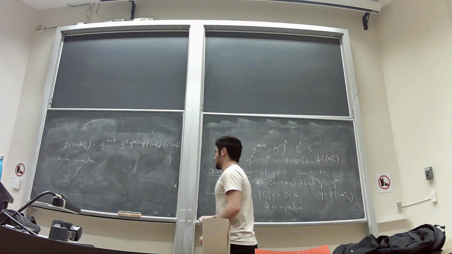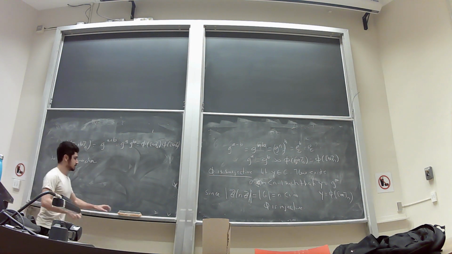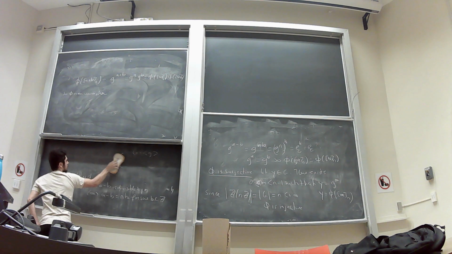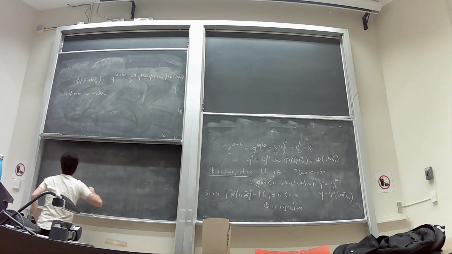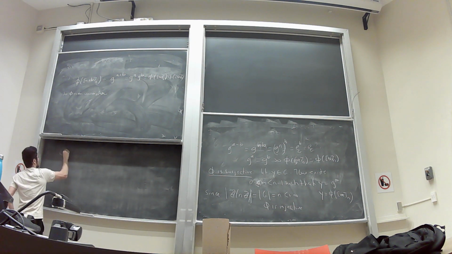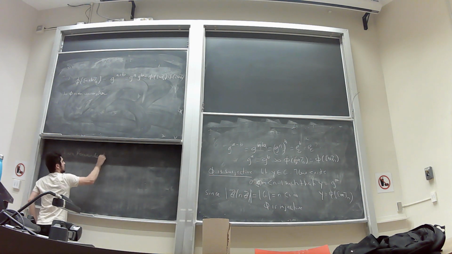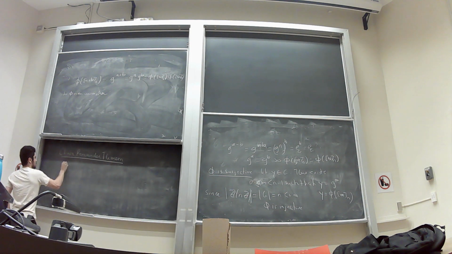Now I'll prove something called the Chinese remainder theorem. You will see it again and again, but we'll prove this. Chinese remainder theorem. Let m and n be integers.